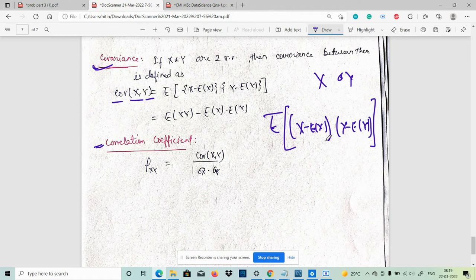You find the difference between each random variable and its expectation, multiply both, and then take the whole expectation. This is termed as covariance.